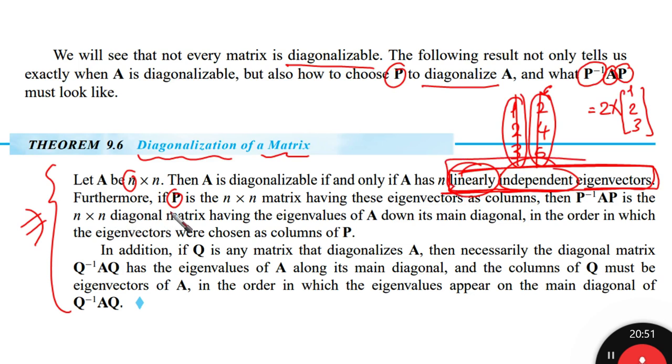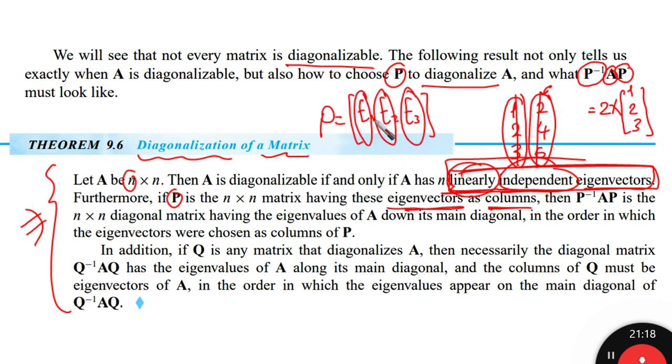Furthermore, if P is the n by n matrix having these eigenvectors as columns, okay? Let's assume that P has the eigenvectors E1, E2, E3, and so on, each one a column.